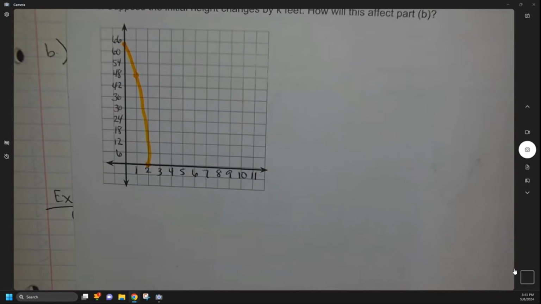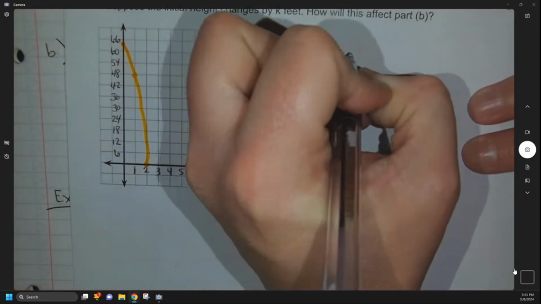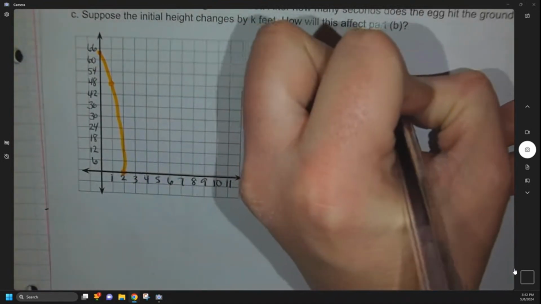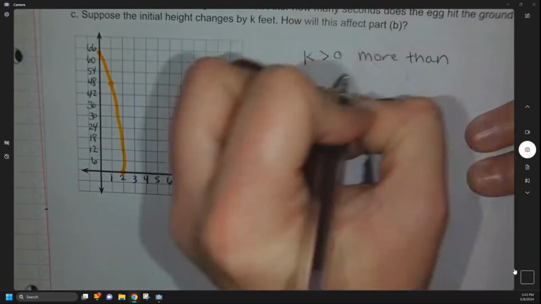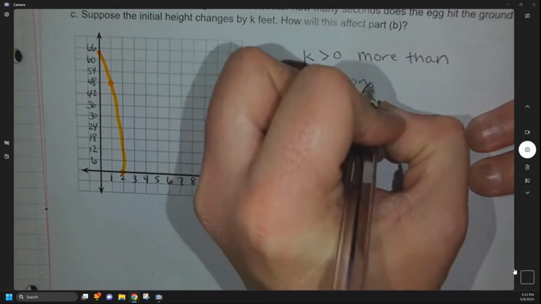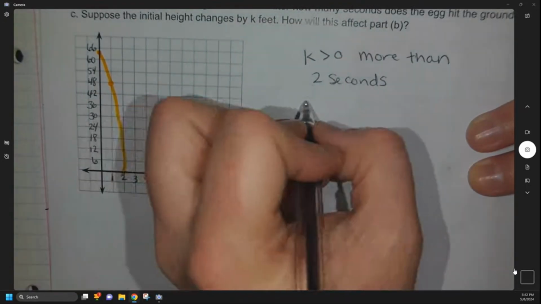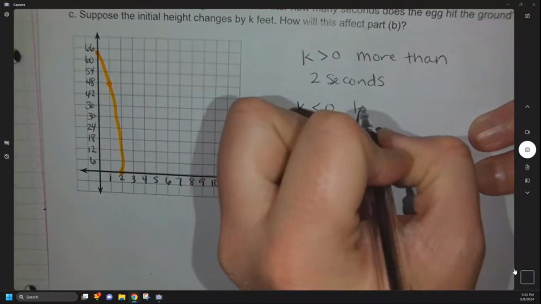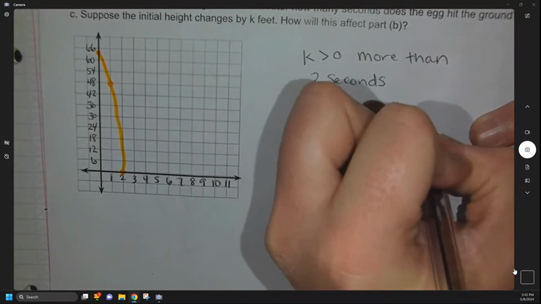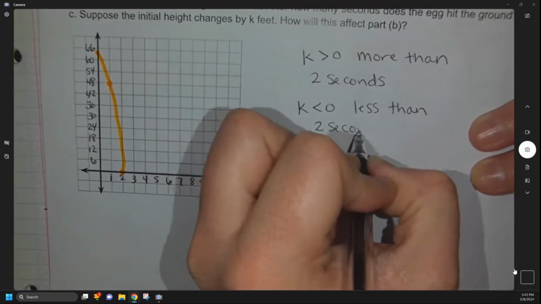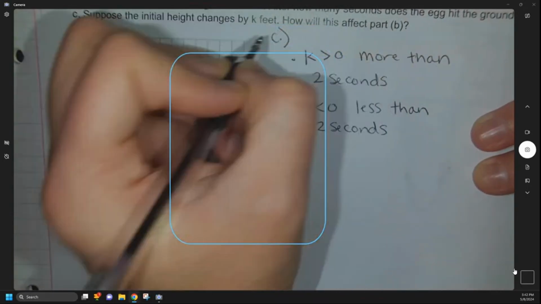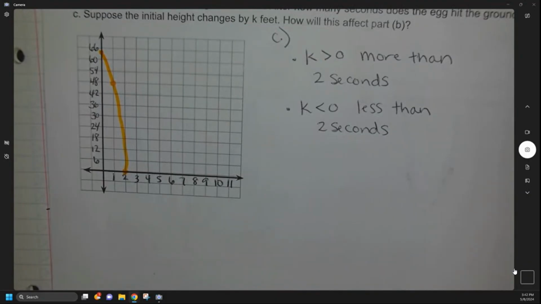If k is less than 0, it's going to take us less than 2 seconds. And that's for part C. Sometimes it just helps to have the visual of the graph to help us with that.